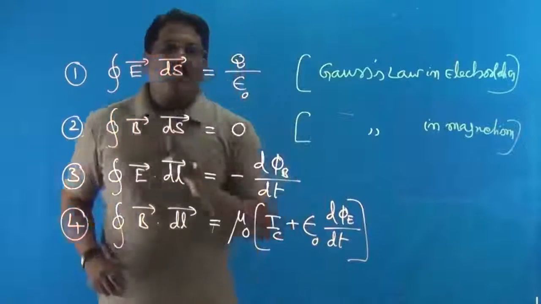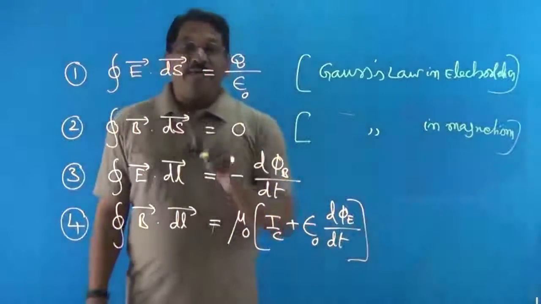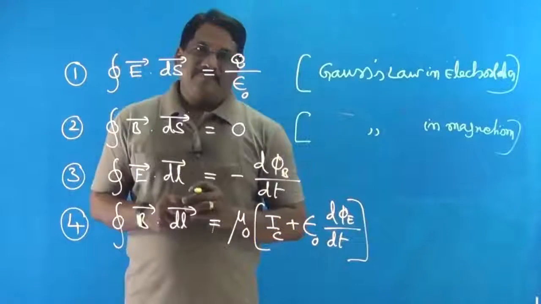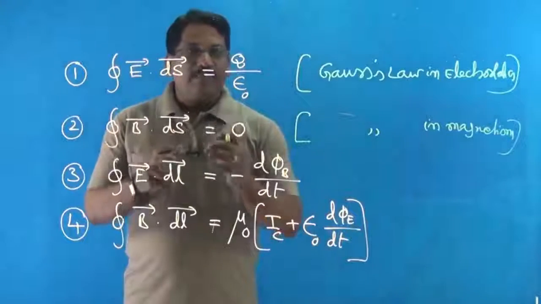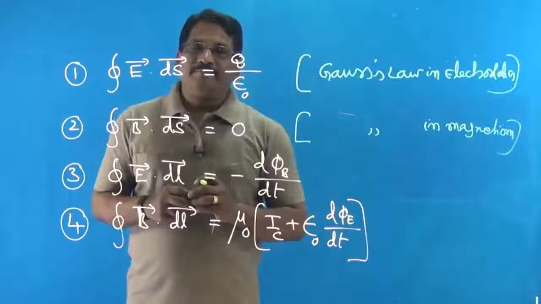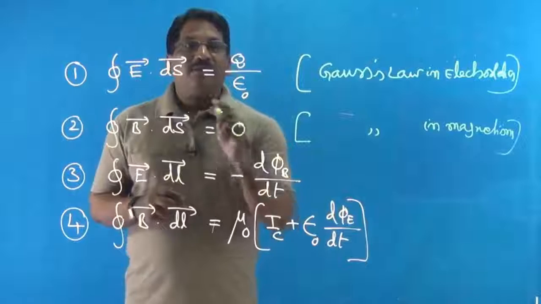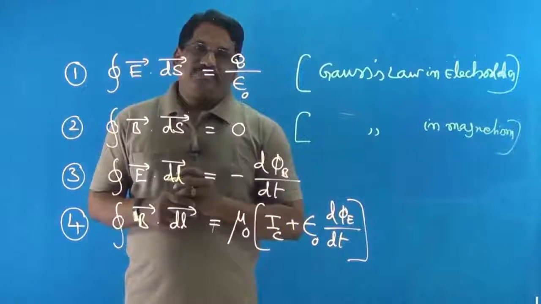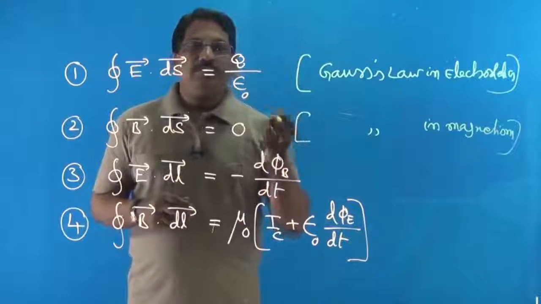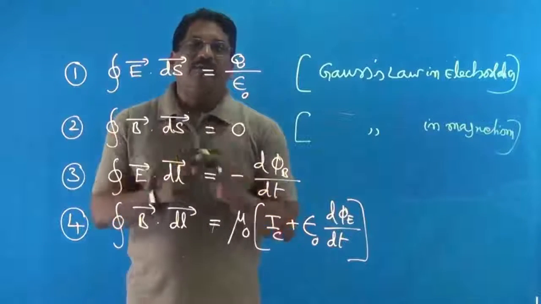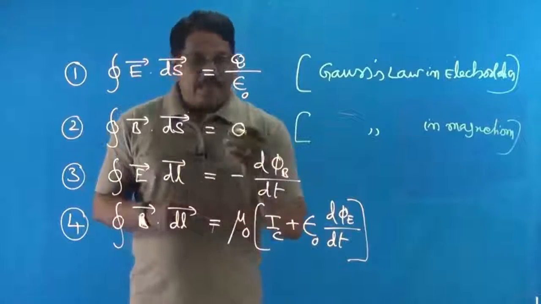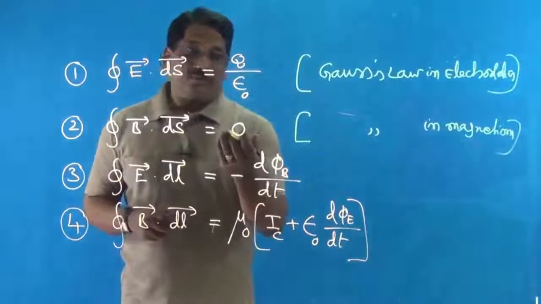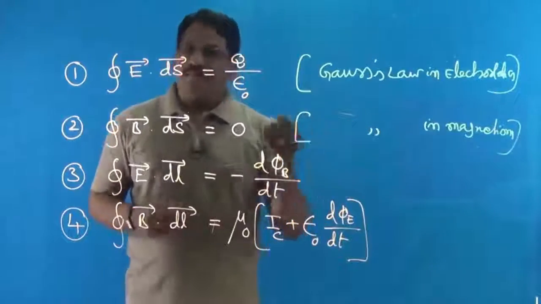What this equation concludes is that magnetic poles always exist in pairs. As the magnetic poles exist in pairs, the net flux through a closed surface will be equal to 0. Due to one pole, if it is outward, due to the other pole it will be inward, so that the net flux becomes 0. And an isolated pole is rather a theoretical concept. This is the conclusion we get out of this Gauss law in magnetism.